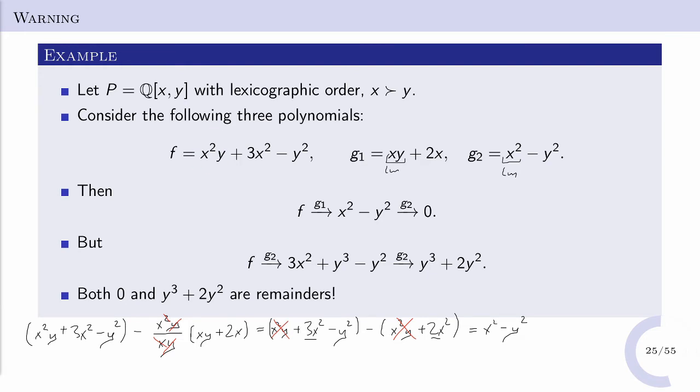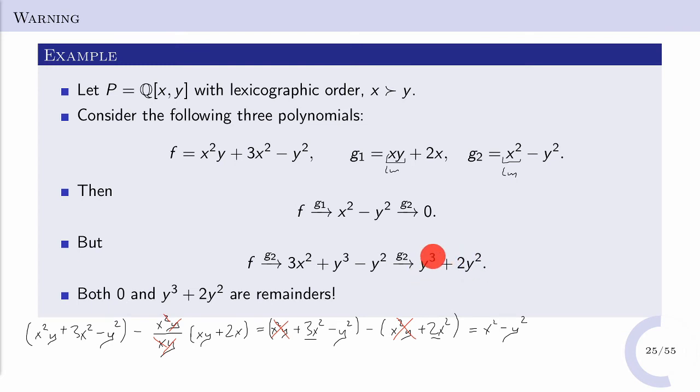So we'll arrive at 3x squared plus y cubed minus y squared. Here the 3x squared is still divisible by this leading monomial, so we can reduce it one more time, and if we reduce it again, we'll arrive at this polynomial. And this polynomial is a remainder because it cannot be reduced any further.